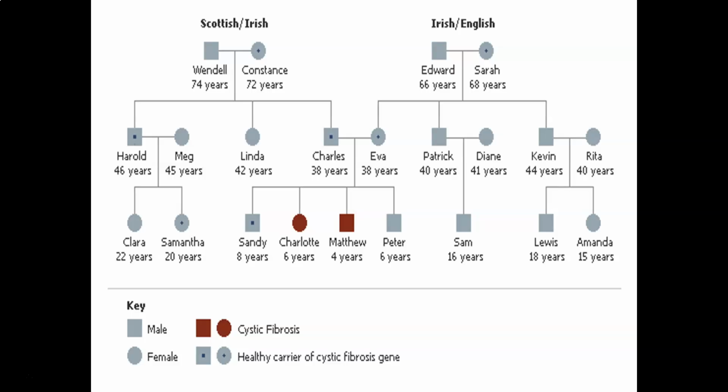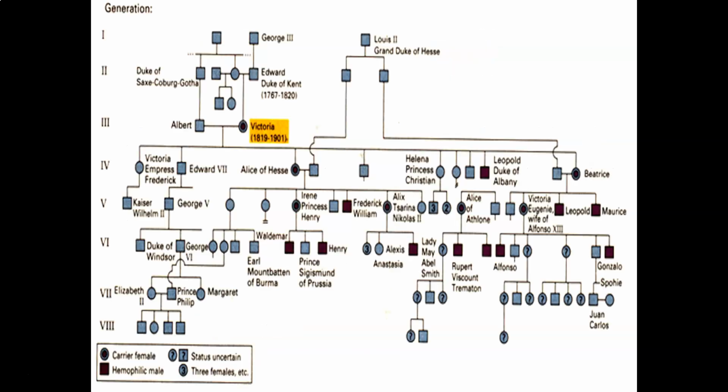Do yourself a favor anytime you create one, create a key. Anytime you're reading a pedigree, make sure you take some time to look at those keys, because although I'm going to share with you today some conventional symbols, each symbol isn't always used the same way by every person who creates that pedigree, so you want to make sure that you understand what their symbols mean in that particular set of information.